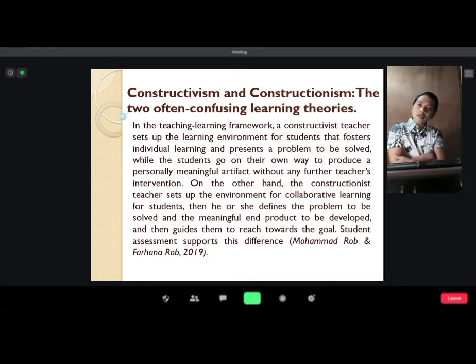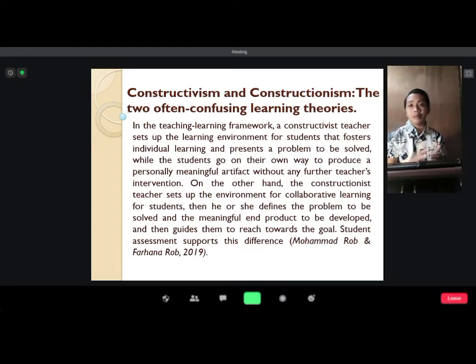Under the constructionist learning theory, the simple definition is learning by making. Ibig sabihin, the students may learn something if they get involved or participate in certain activities. For example, in terms of love life naman, you cannot just say what love is when you don't have any experience yet.